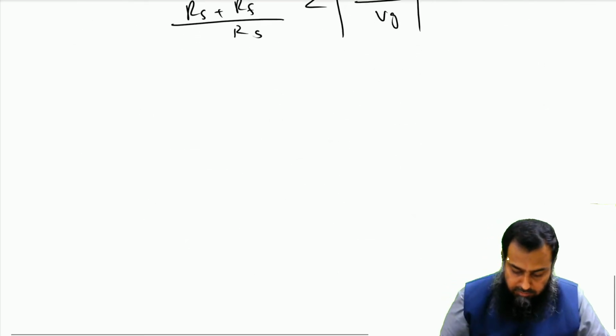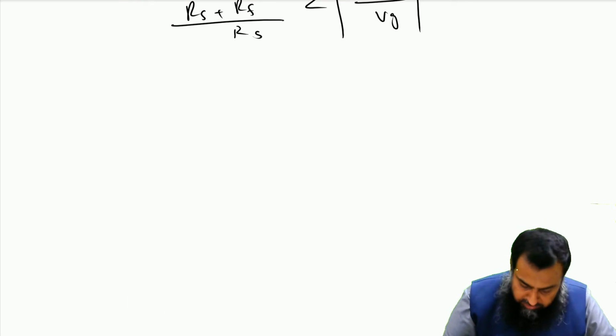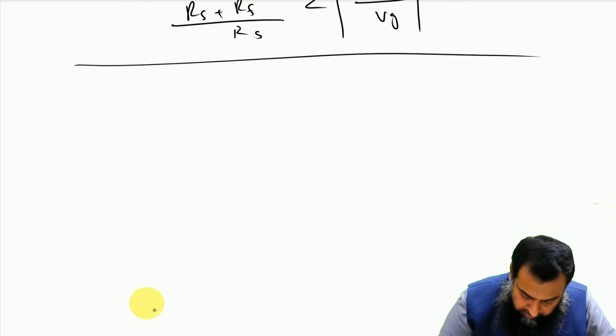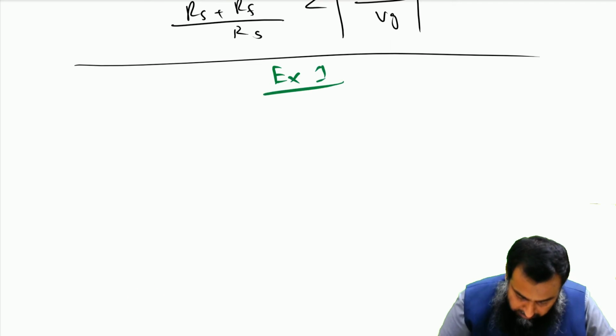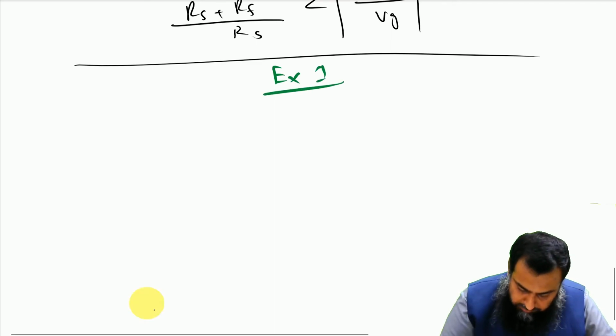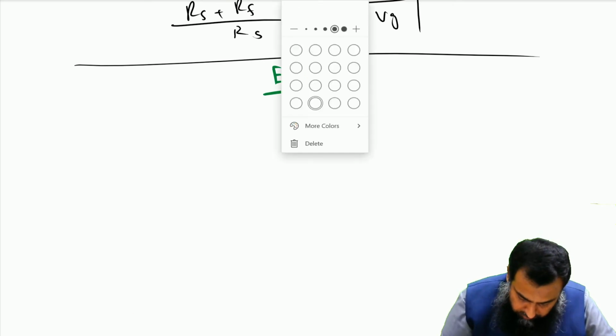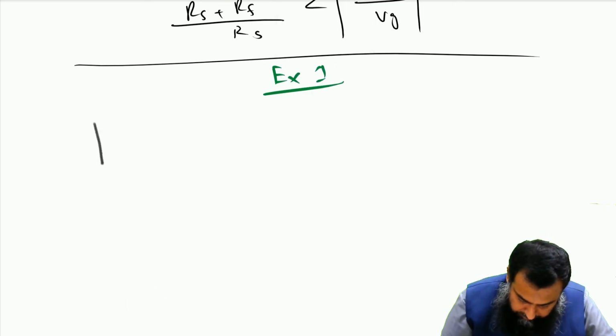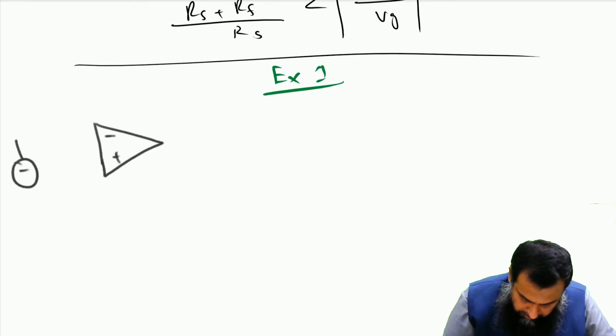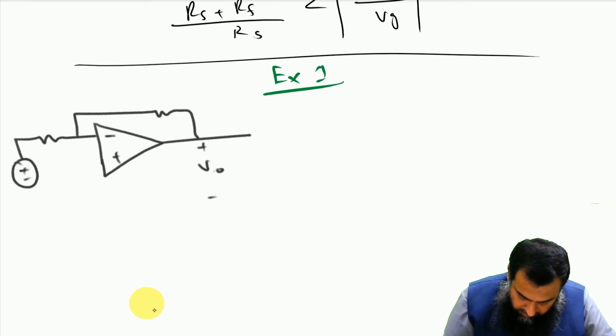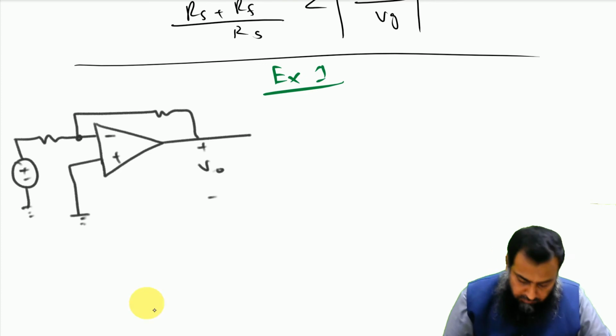So let us start with a very simple circuit. Let us say this is our example number 1. This is the same circuit that we have seen earlier.